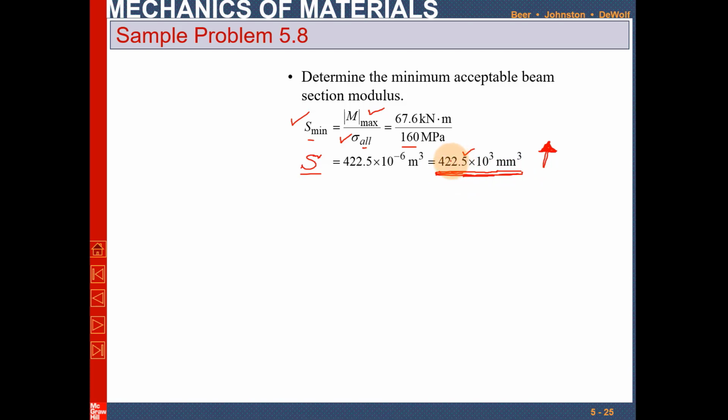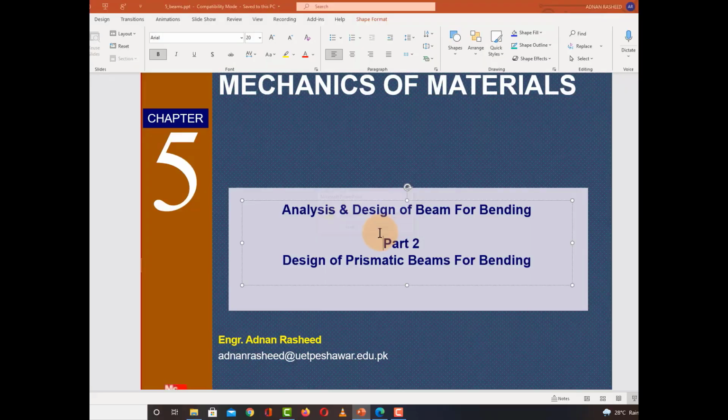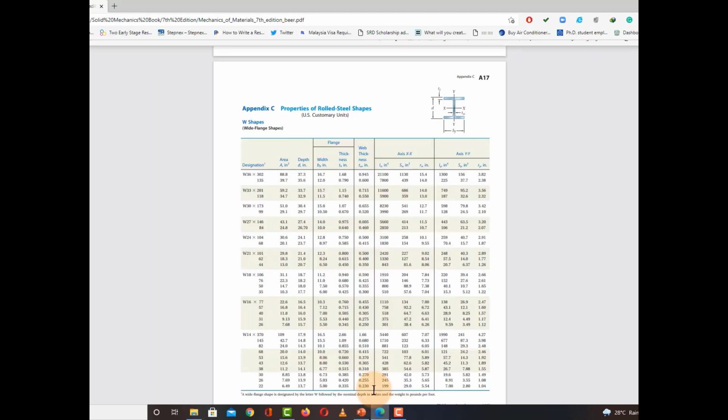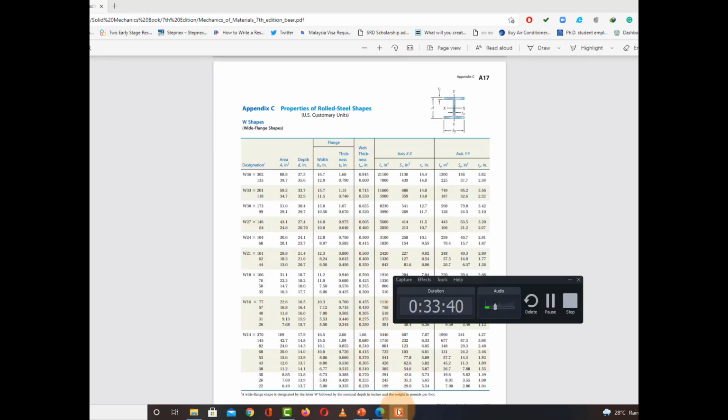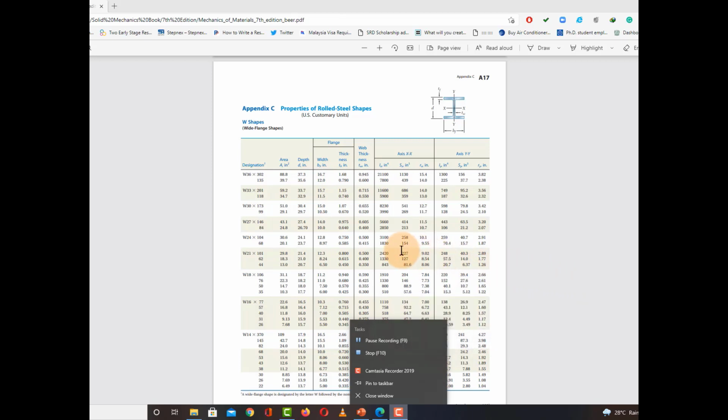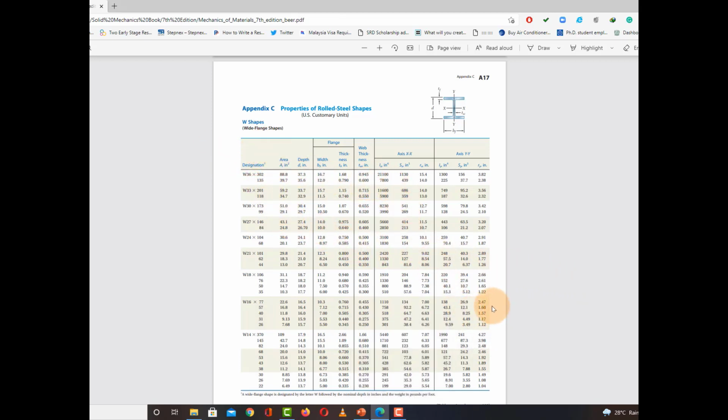Clear? So let me show you the section modulus for the beam. This is appendix C that is available at the end of the book.